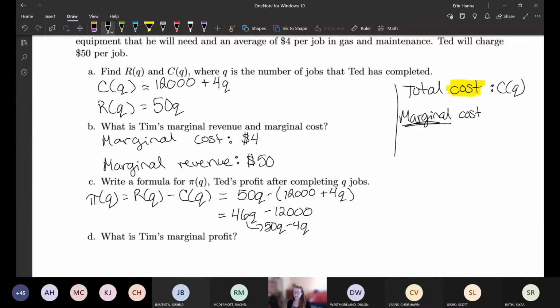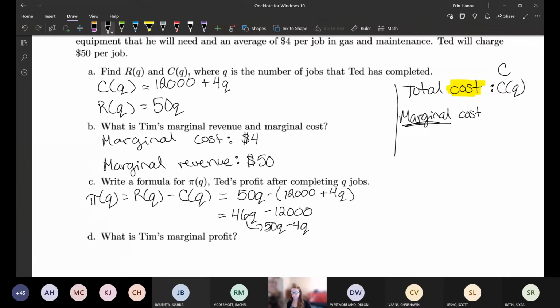The large majority of the time at this point, we're going to be dealing with the regular cost. So also if you just see regular old C. Only if they mention marginal will you actually use the marginal.